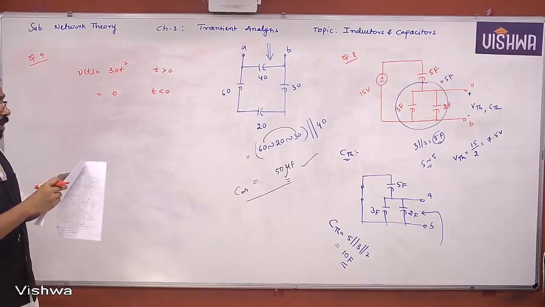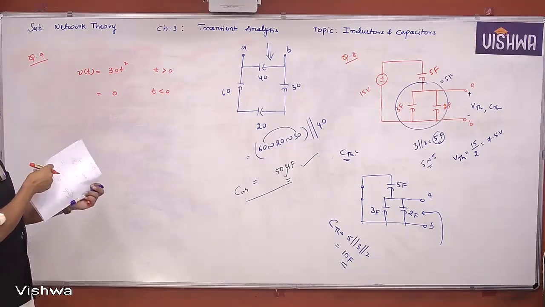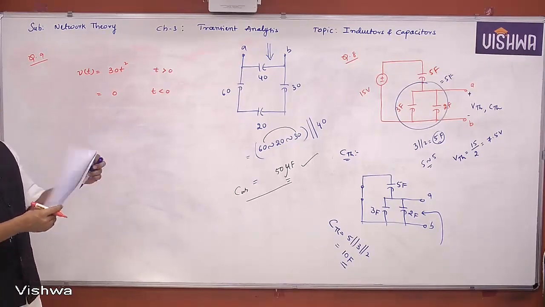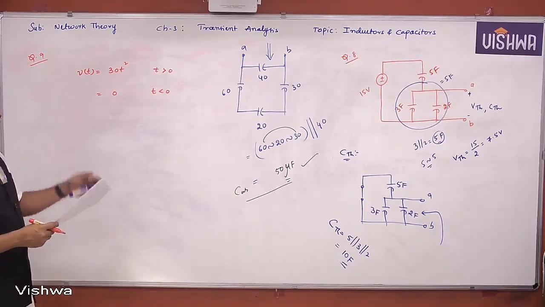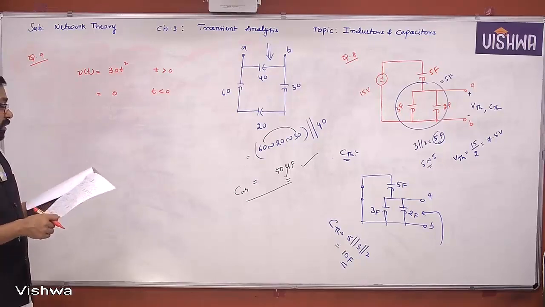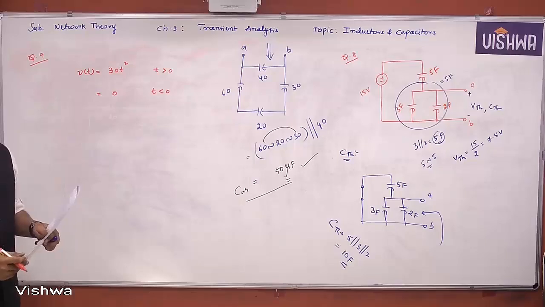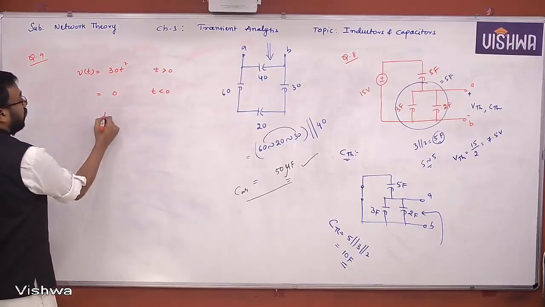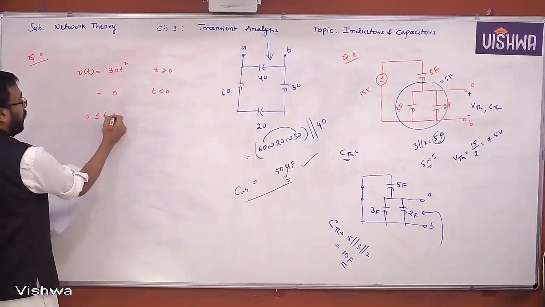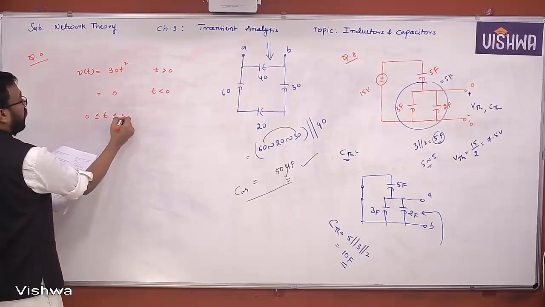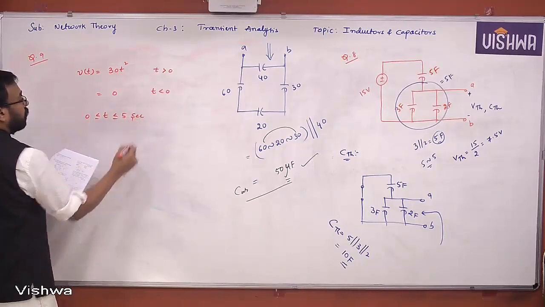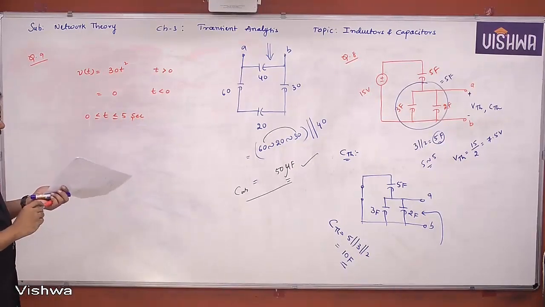Look at that problem, all of you. He gave a voltage, and he is also asking to find the energy stored between 0 and 5 seconds. Understand? Very simple problem.